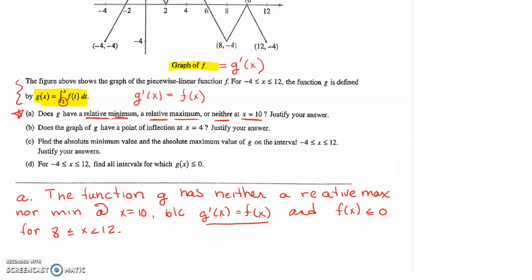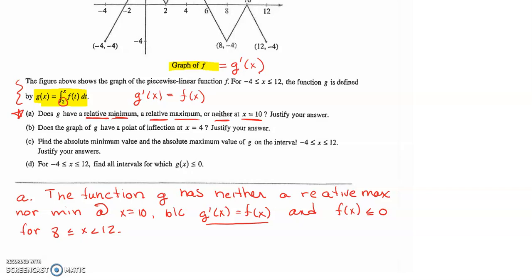So we want to now go ahead and look at B. We want to figure out if the graph of g has a point of inflection at x equals 4. And then we're going to want to justify our answer. So take a moment and think, what do I need in calculus to determine if a graph of something has a point of inflection?